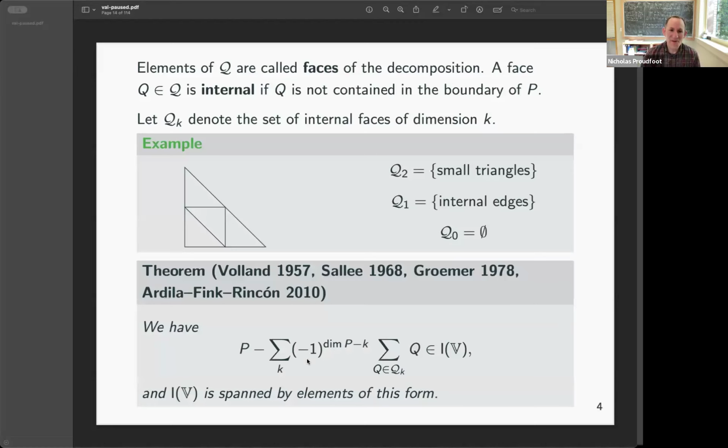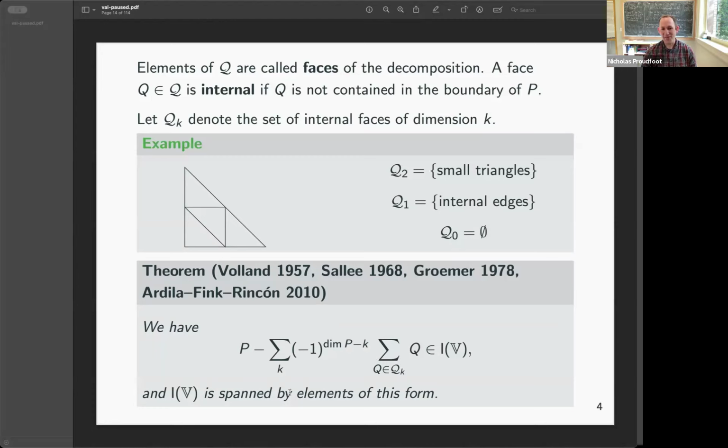And a theorem, which I'm attributing to a lot of different people, says that for every decomposition like this, you have a class in I(V), which is the big polytope minus some alternating sum of the interior polytopes, where the signs depend on the dimension of the interior faces.